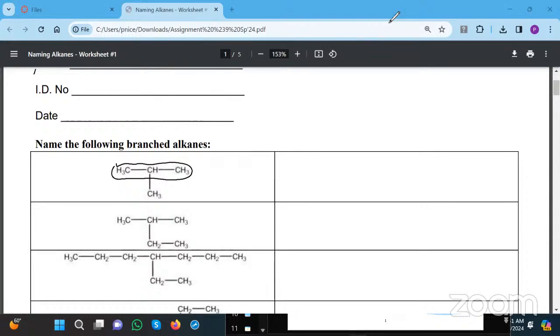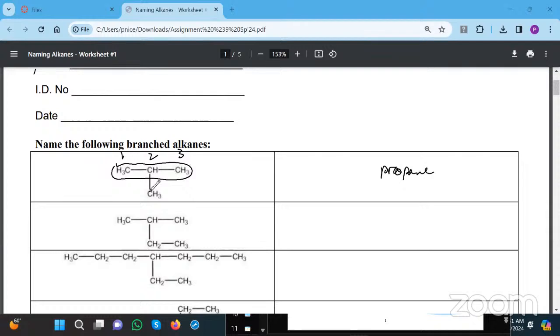Thank you, Miss Miller. So propane is a parent name. And in this particular case, it doesn't matter which end we start counting from, because this branch would be on the same numbered carbon regardless. So 1, 2, 3.